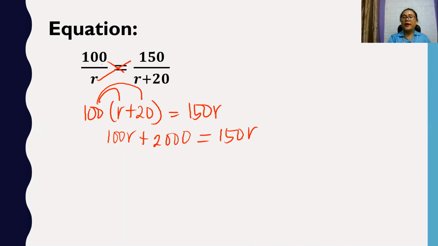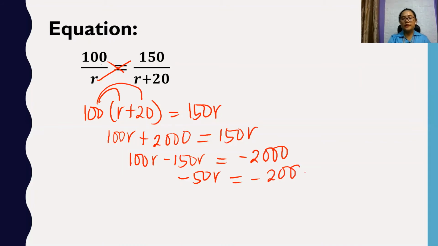Lipat natin si 150 R dito sa kabila and yung constant naman dito sa right. So 100 R minus 150 R is equal to negative 2,000. 100R minus 150R, that would give us negative 50R, is equal to negative 2,000. Divide both sides with negative 50 so that we can get the rate.